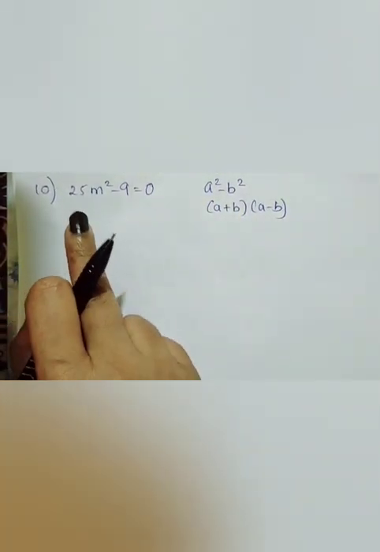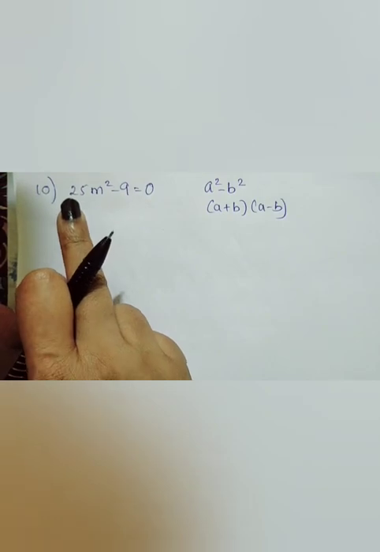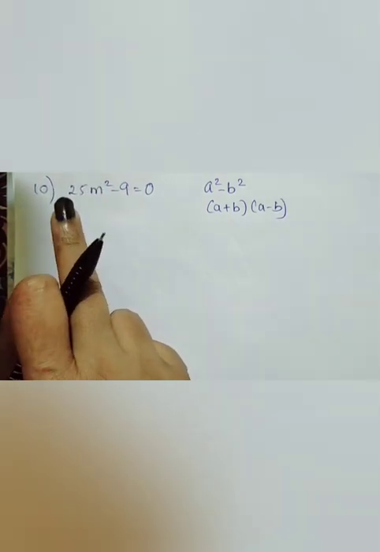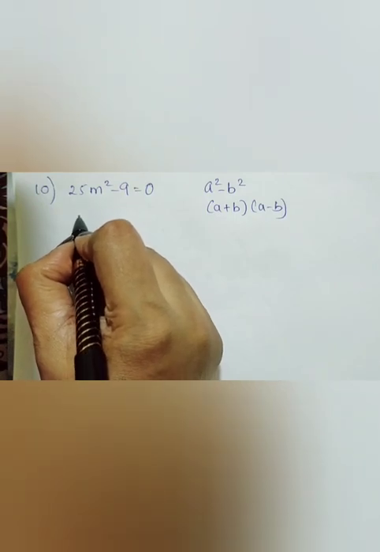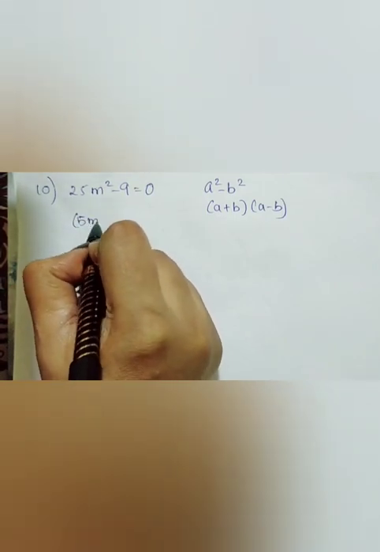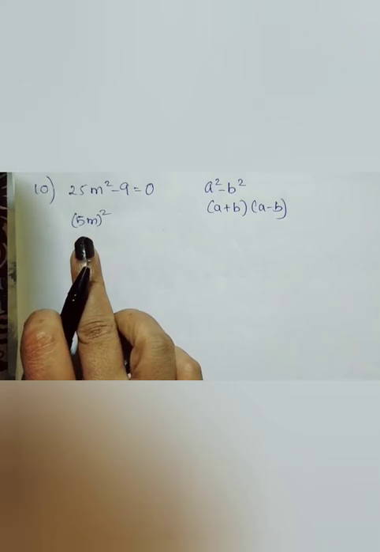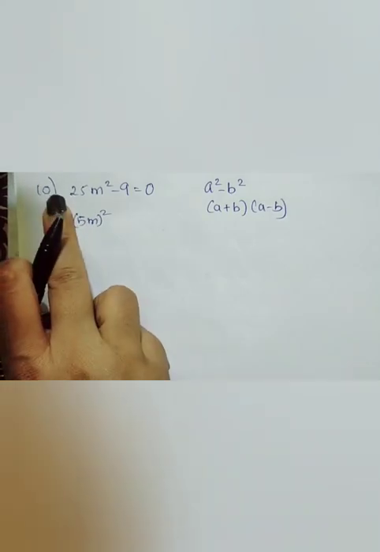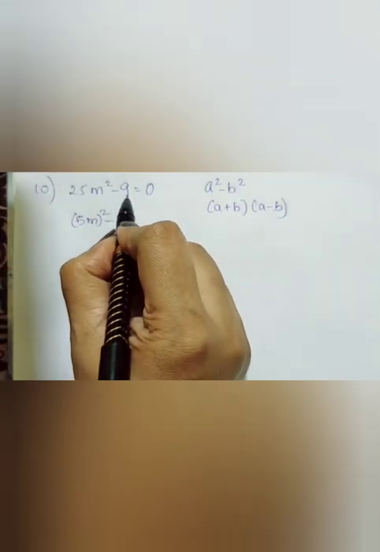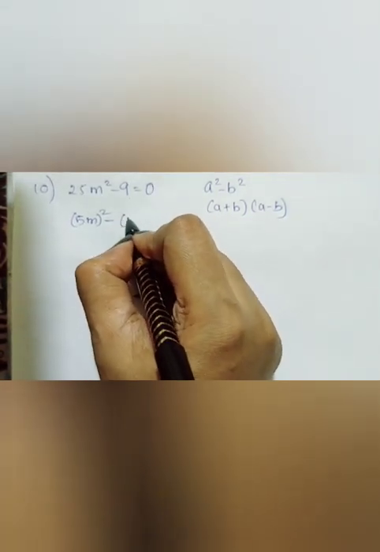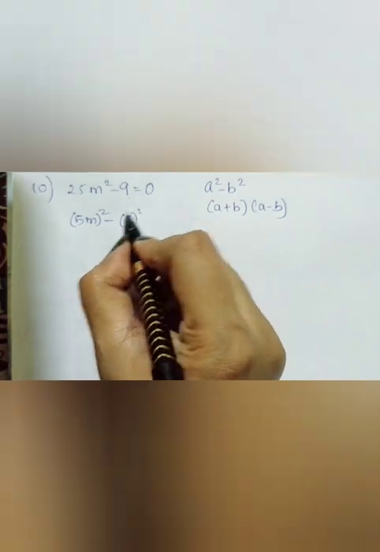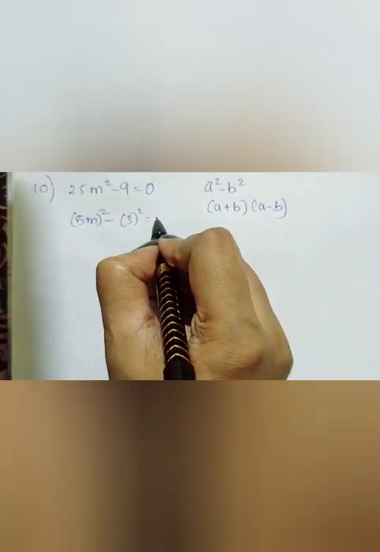So I am going to write here, if you see, we are having 25m square and 25, we can write 5 square m square. Okay, 5 5s are 25. Again we are having here 9 is there, so we can take 3 square, 3 3s are 9, is equal to 0.